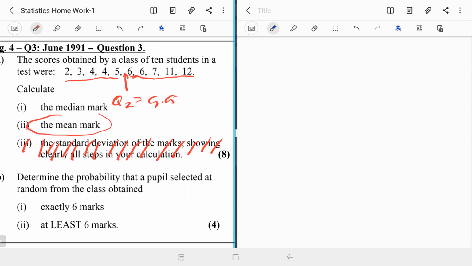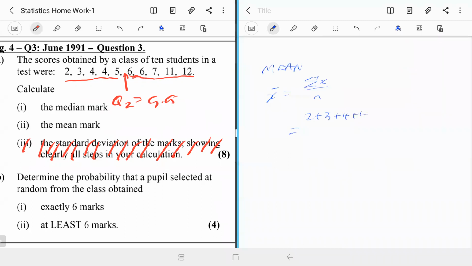And then I want you to tell me the mean. The mean, X bar, will be equal to the sum of the values divided by the number of values. The sum is 2 plus 3 plus 4 plus 4 again, plus 5 plus 6 plus 6 plus 7 plus 11 plus 12, divided by 10.